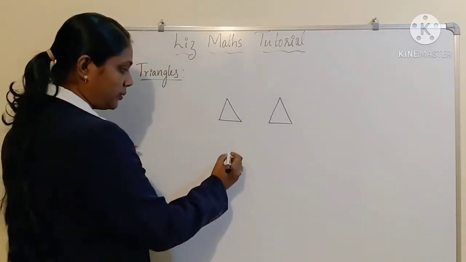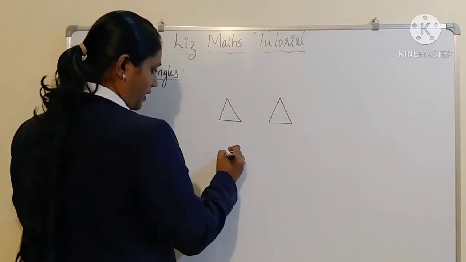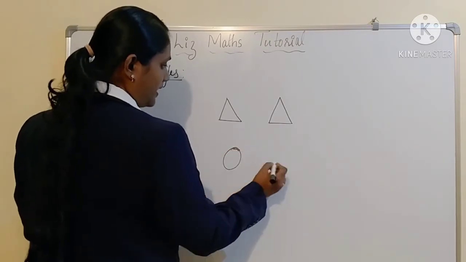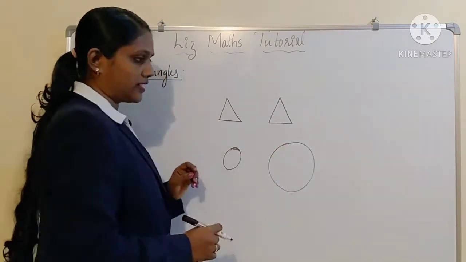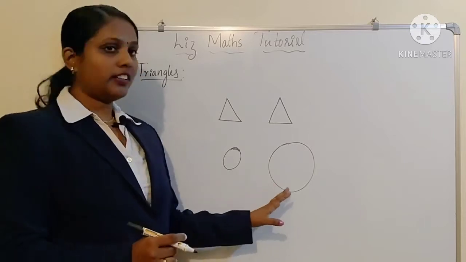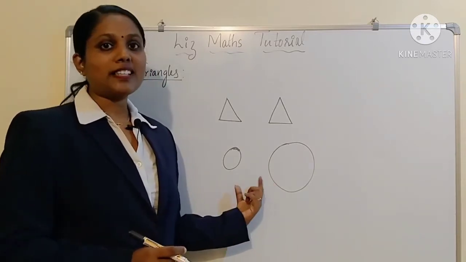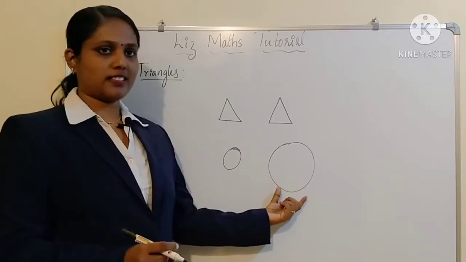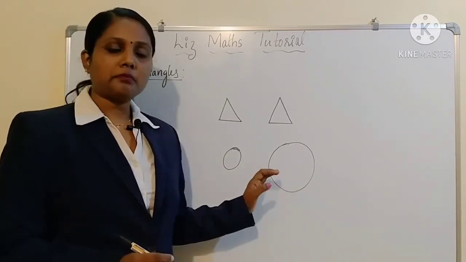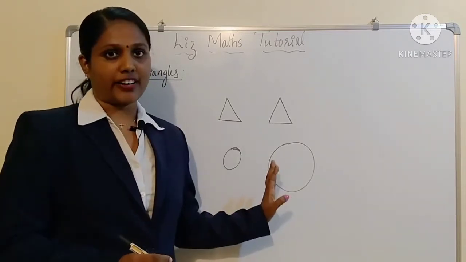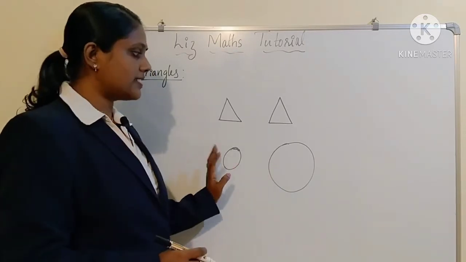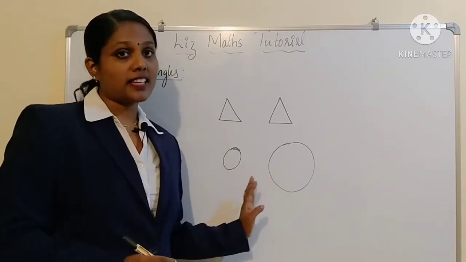But when you compare this one, here you can find a circle and here a big circle. Here the size is different, but the shape is the same. This is a circle and this is a circle. The shape is the same but the size is different. Got it?